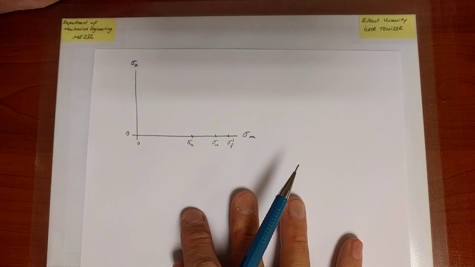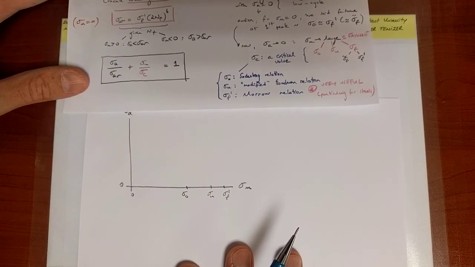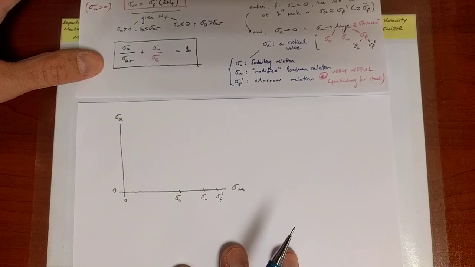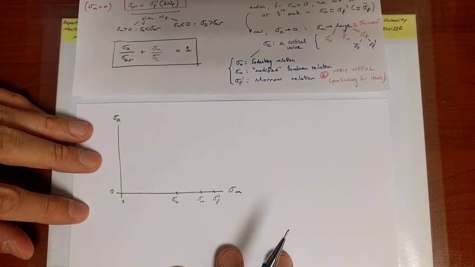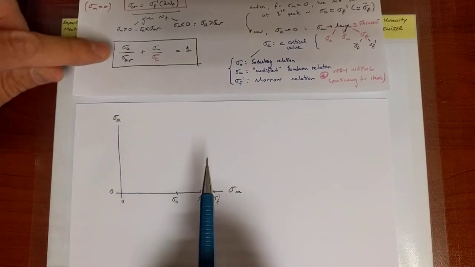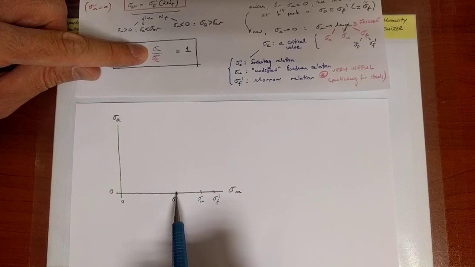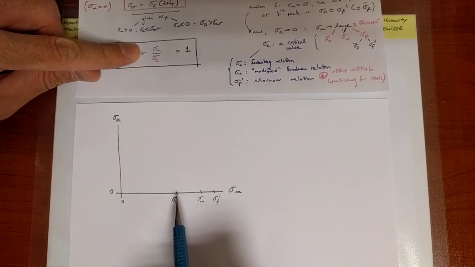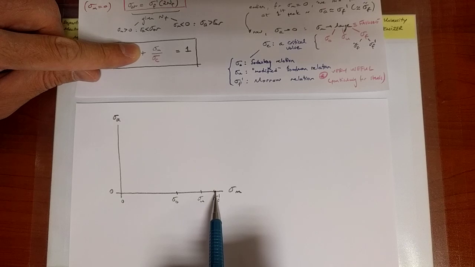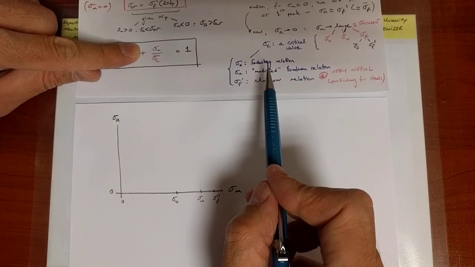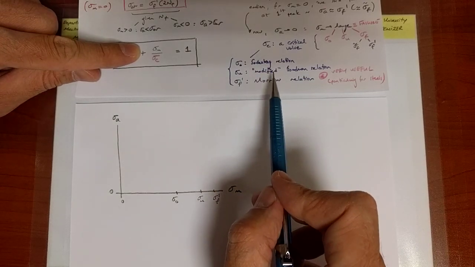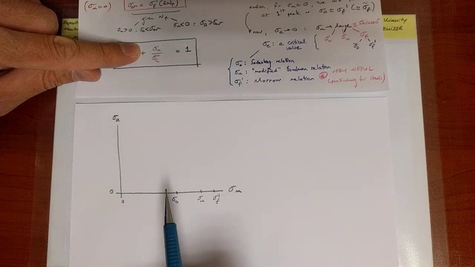Okay, so now I'm going to try to depict the relations that I have over here. Those relations, the quantity in the box, is just a line, and the intercept of the line for sigma a equals 0 is either that point or that point. Each choice eventually leads to a different relation: the Soderberg, modified Goodman, or the Morrow relation.